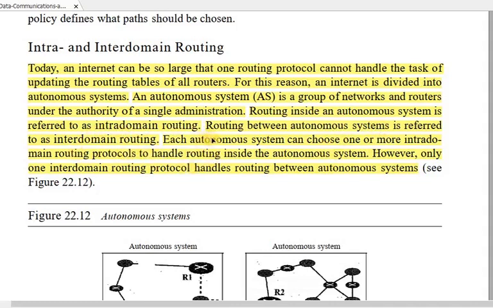Each autonomous system can choose one or more intra-domain routing protocols to handle routing inside it. Within an autonomous system, it is basically up to the administrator how he or she would like to have the routing enabled. However, if we consider inter-domain routing protocols, then a proper routing mechanism has to be maintained between autonomous systems.